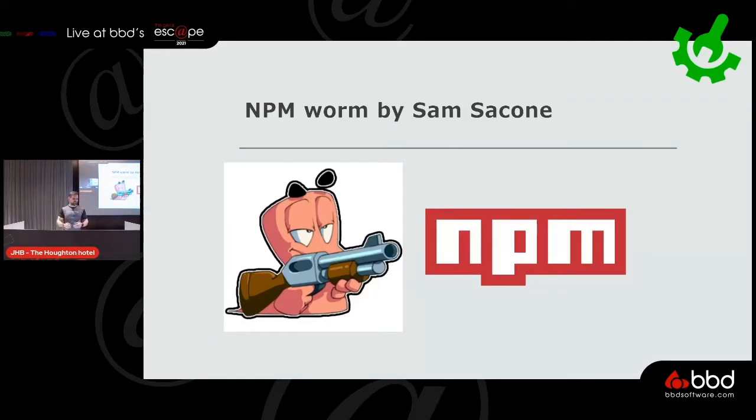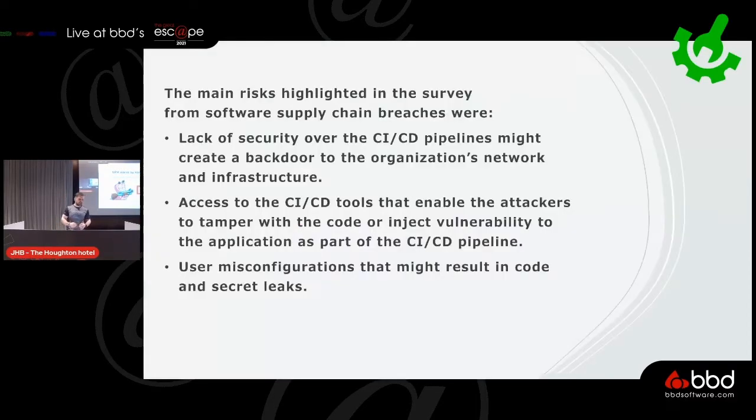And all this is due to just small underlying problems in the registry, like, for example, the fact that there is no peer or code review process when something gets posted to the registry. This was indeed confirmed by the survey itself. The main risks highlighted in the survey were lack of security over CI/CD pipelines, which might create a backdoor to organization networks and infrastructure, as deemed by the open source packages.